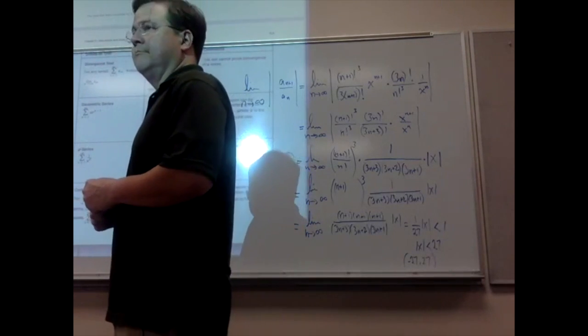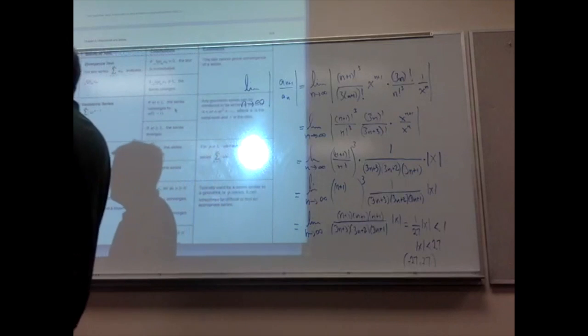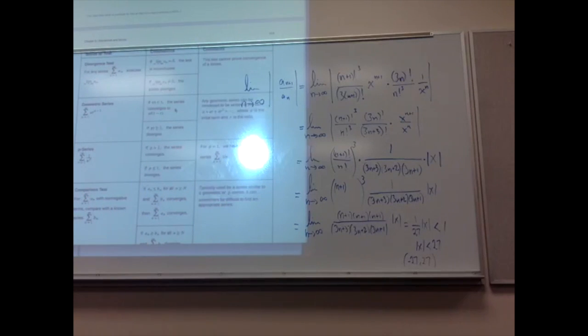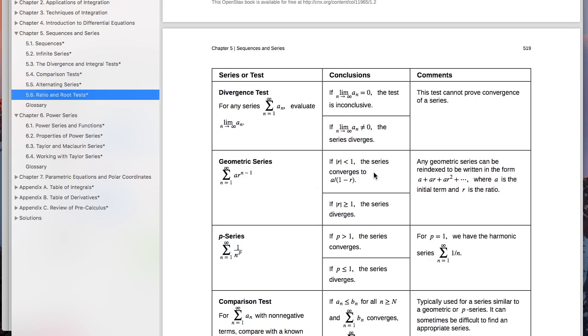Let's try 10. So what did you get for the top and the bottom? 42 trillion over 1.3 trillion. So at the 5th step, it's still bigger than 1. There's no way.